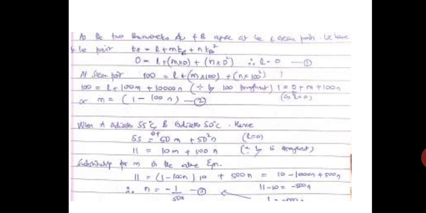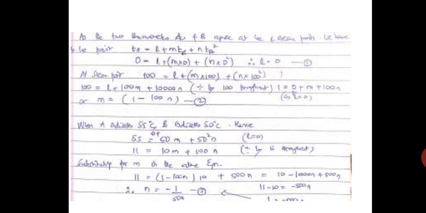To simplify, I will divide this equation throughout by 100. So it becomes 1 = L, the value is 0, so 0 + m + 100n. So I can write the relationship as m = 1 − 100n. So this is relation 2.